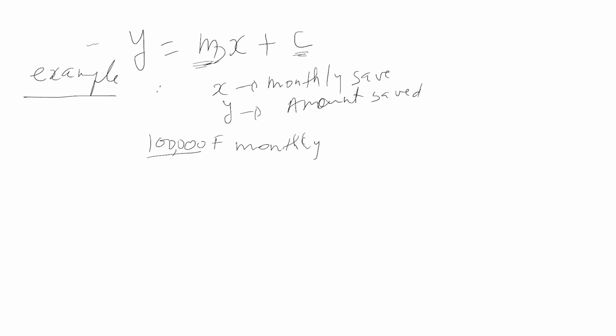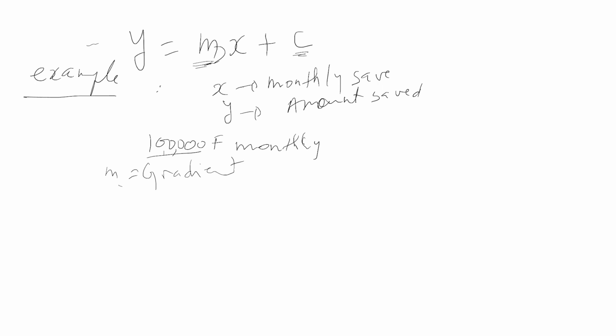This m, as we studied in the last lesson, we talked about gradient. This m stands for gradient. In these two variables of ours, what is this gradient telling us?